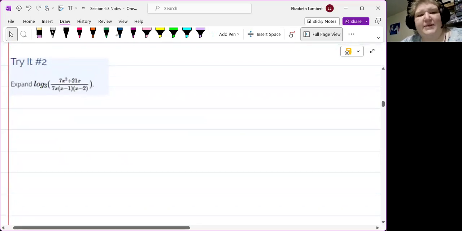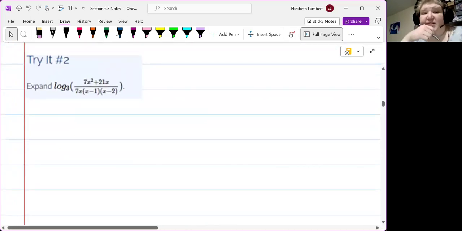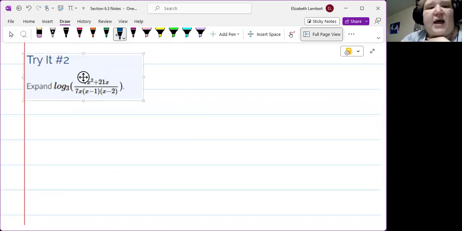All right. Now we're going to expand this craziness. Now I do want you to know on the top, that is 7x squared plus 21x. That can be factored, and factoring will have an outer operation of multiplication, and we can split the log across that. And in fact, what we'll see is some cancellation.